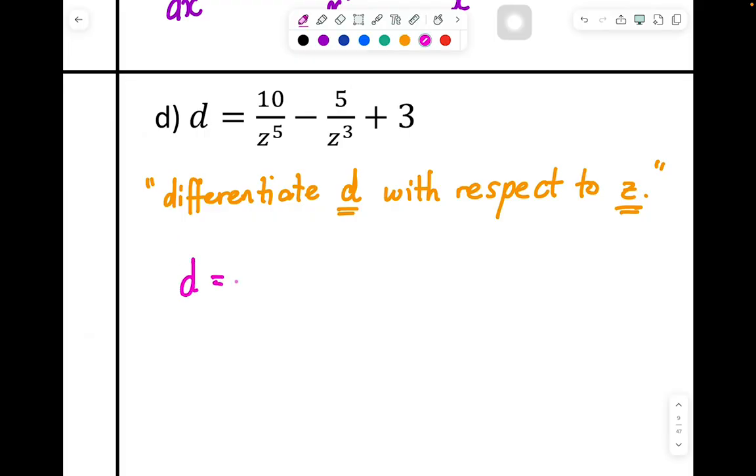Now again, before we differentiate, we need to rewrite these terms with negative indices. So I'm making the z's at the bottom, or the denominator, jump the line and bring them into the numerator.